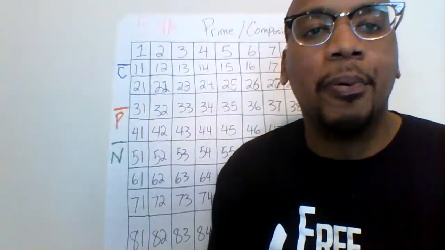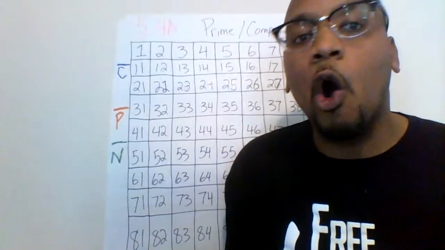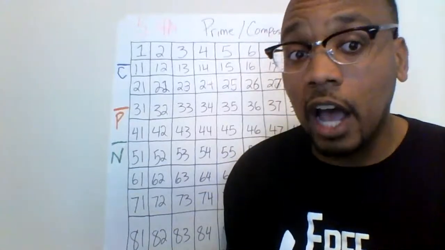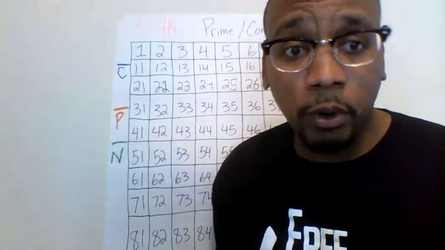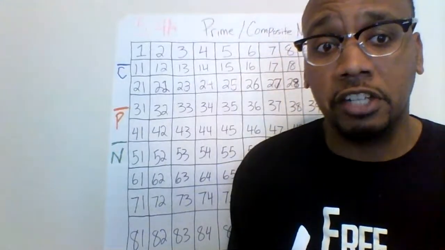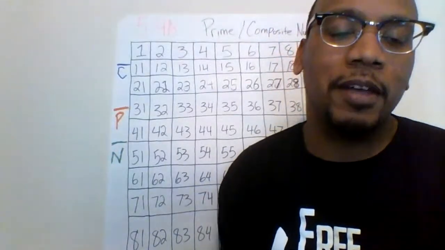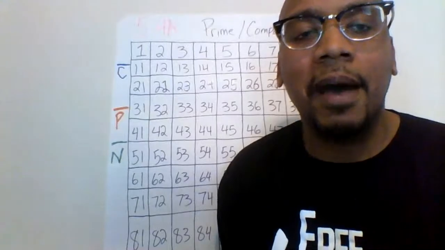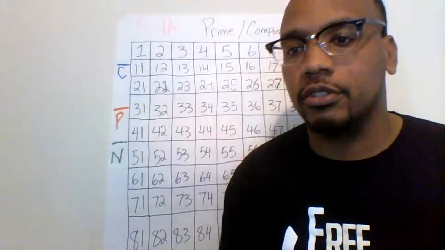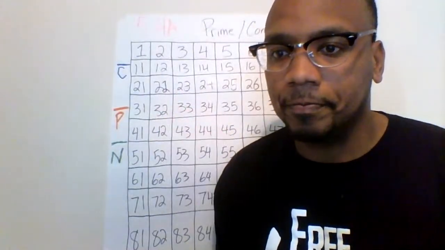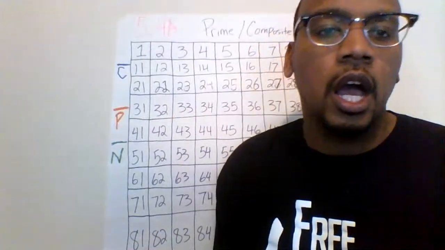Prime and composite deal with whole numbers. I know some of y'all are smart, but Mr. Traham, 3.5 times 2 is 7. But the 0.5 is a part. Prime and composite only deal with whole numbers.